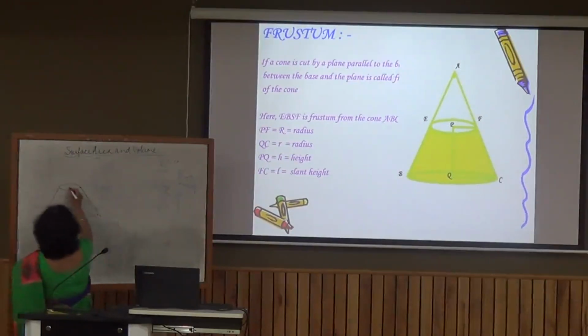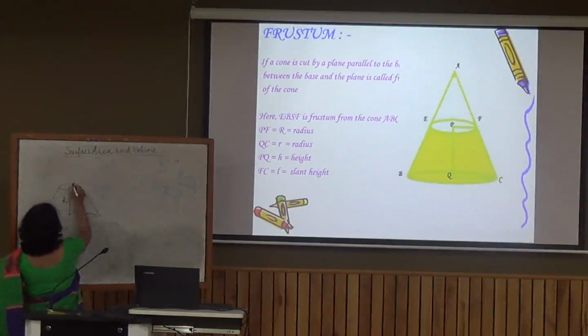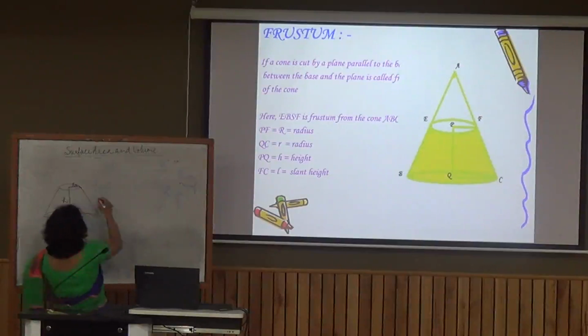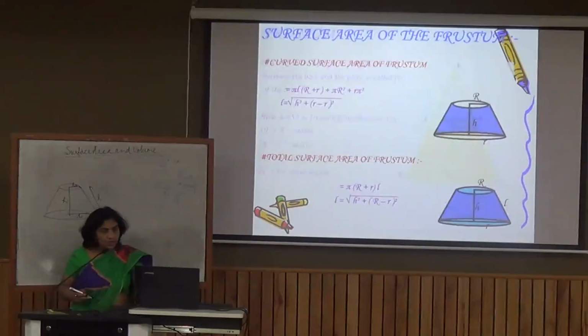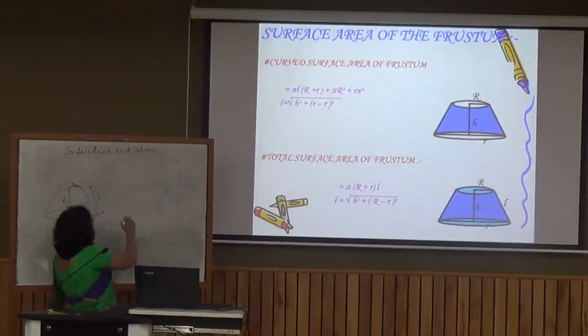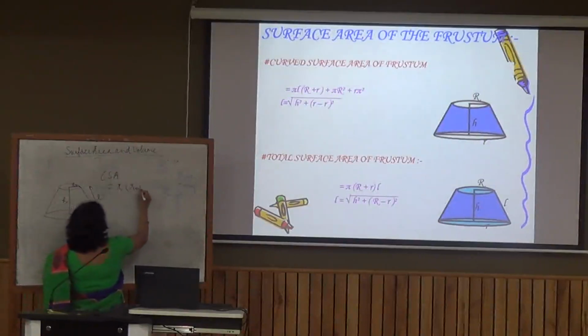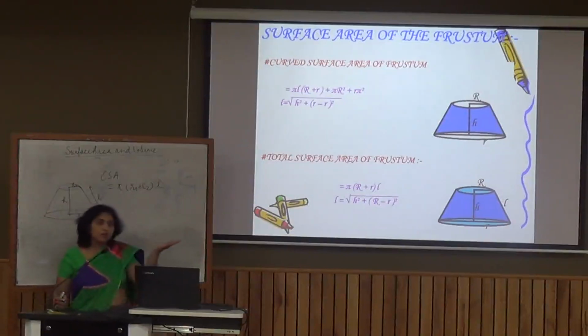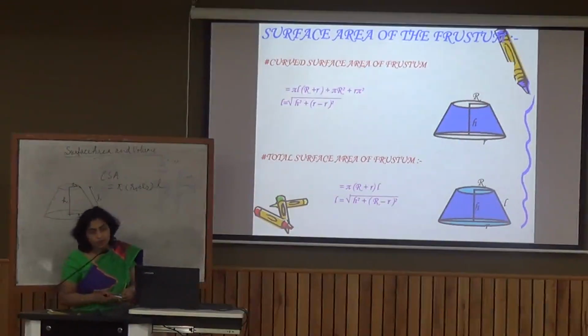So after cutting out, the height remained is h. There are two radii now, one is R1, another is R2, and the slant height as L. So we have the formula for curved surface area as pi (R1 plus R2) L. If we have to calculate the total surface area of frustum, we have one flat surface at the bottom and one at the top, and we add the area of both the circles.